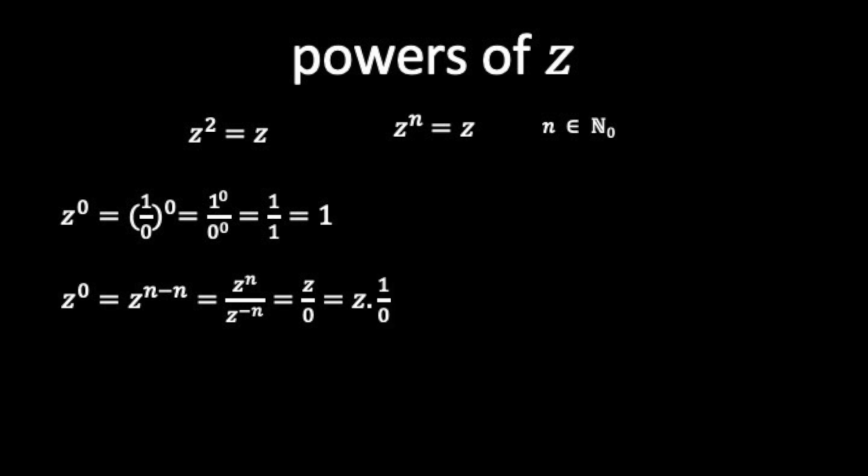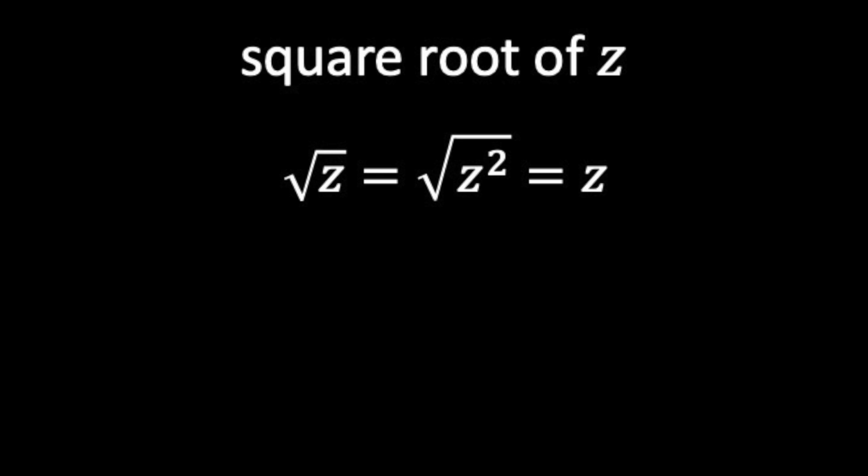So that is z times z, or z squared, and that is, of course, z. Since z equals z squared, the square root of z equals the square root of z squared, and that, of course, is z. Generally, we can say that the nth root of z will be equal to z.